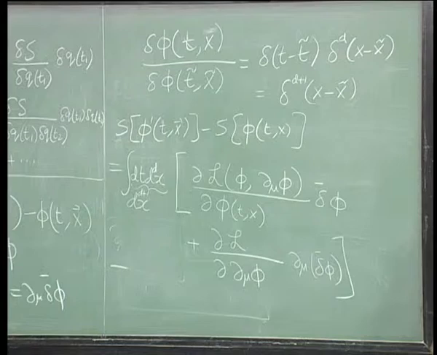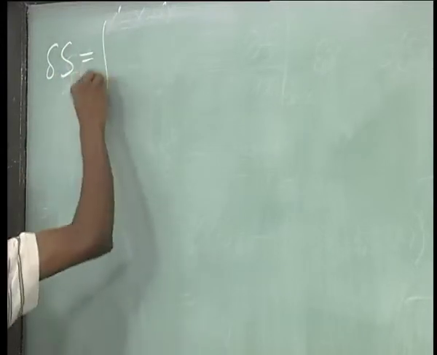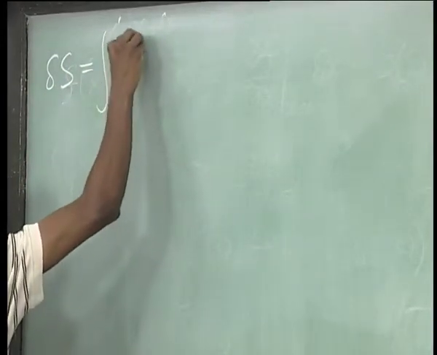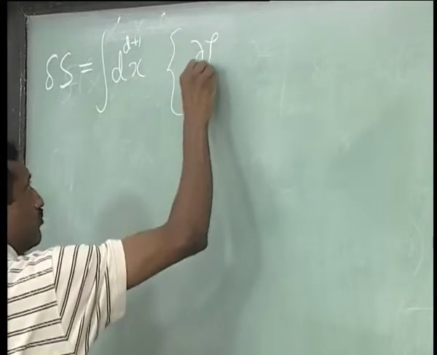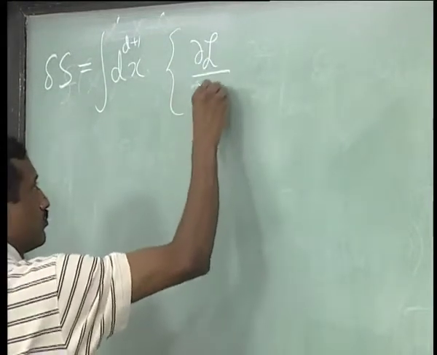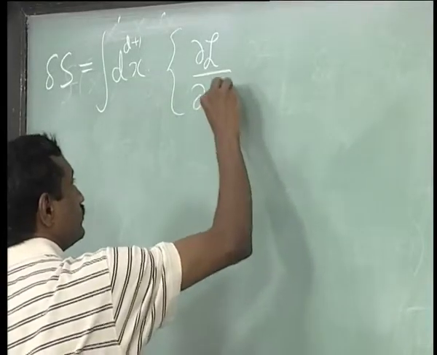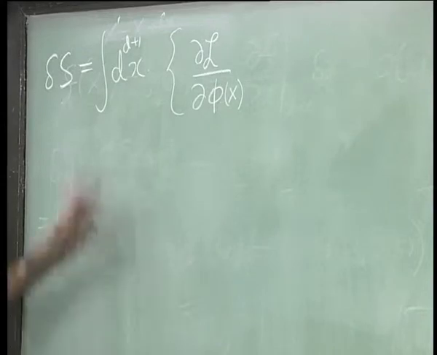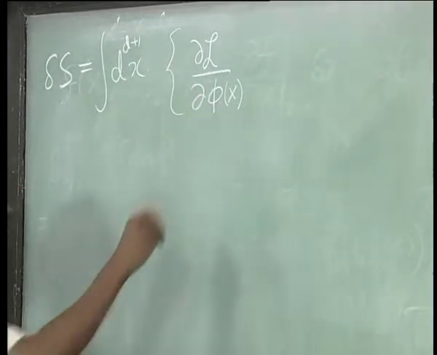So, we get delta S equal to, and from now on I will not separate out t and x, I put them all together.